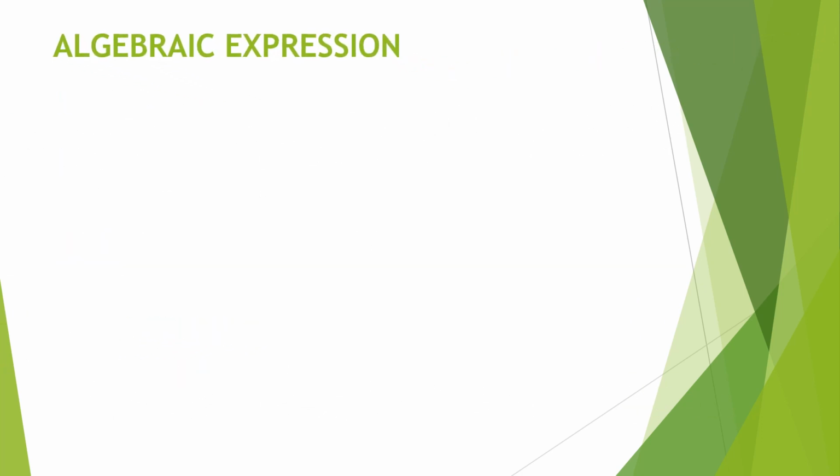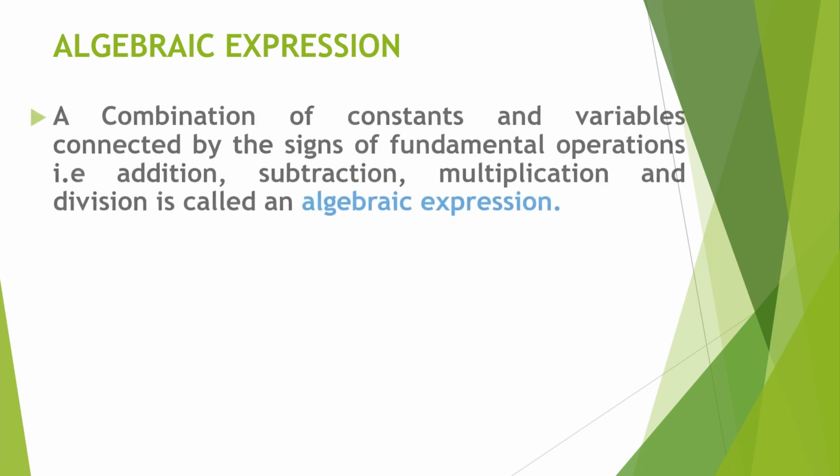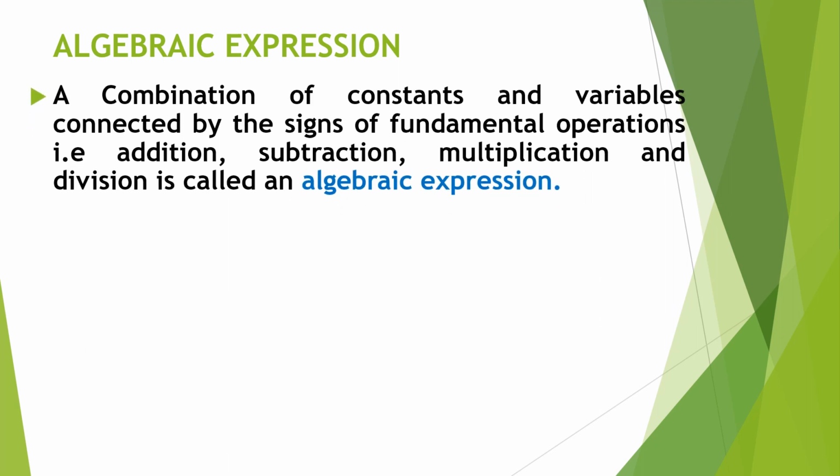Now we can learn about algebraic expression. What is meant by algebraic expression, how it is formed, what are the parts of an algebraic expression, etc. A combination of constants and variables connected by the signs of fundamental operations, that is addition, subtraction, multiplication and division, is called an algebraic expression.